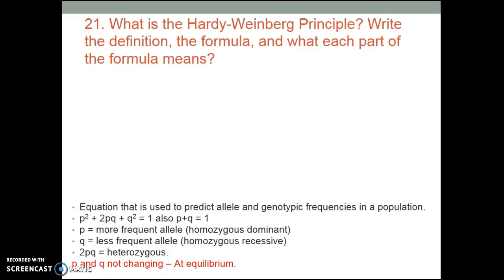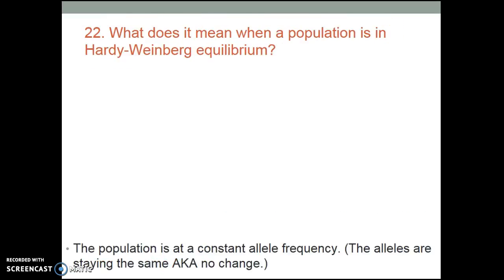Q is the less frequent, the recessive allele, and then 2PQ is going to be heterozygous. If P and Q are not changing, they are at equilibrium. That means change is not happening and evolution is not taking place.